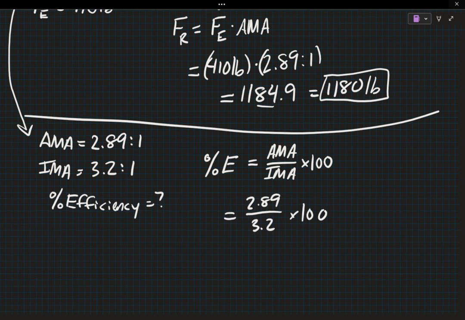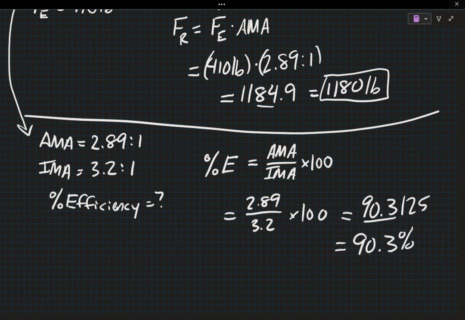So 2.89 divided by 3.2, and then I get 0.903125, but I'm going to multiply that by the 100, and that will turn that into an efficiency of 90.3125, which we will round to the 10th place there, 90.3%. That is pretty darn good for our machine.